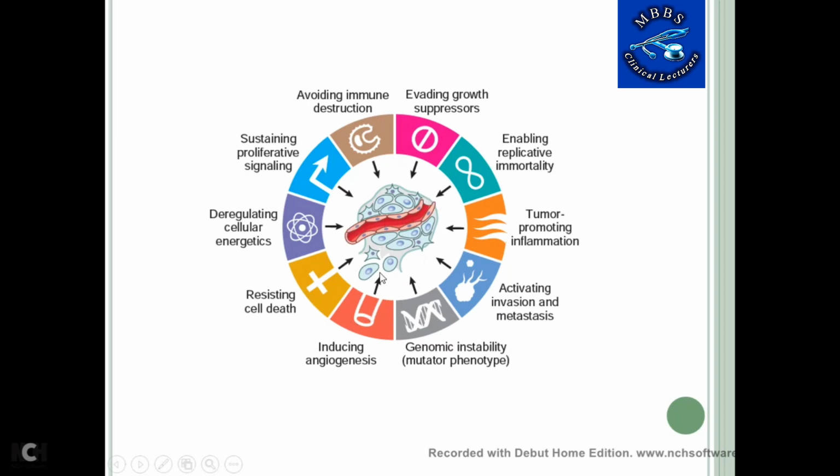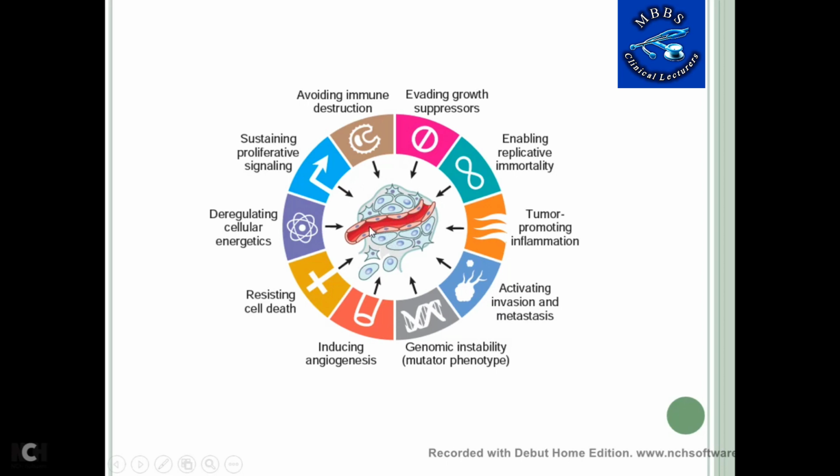Now, inducing angiogenesis. You can see in this picture that any tumor cell, when it occupies an area, forms its own blood vessels. They have to survive, they have to live for a longer duration of time. They need nutrition, these cancer cells.